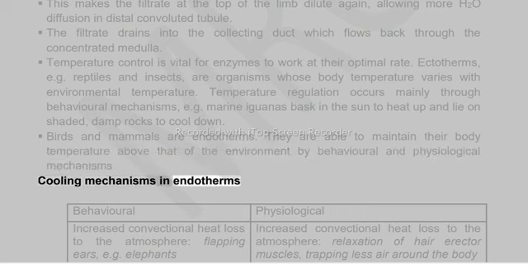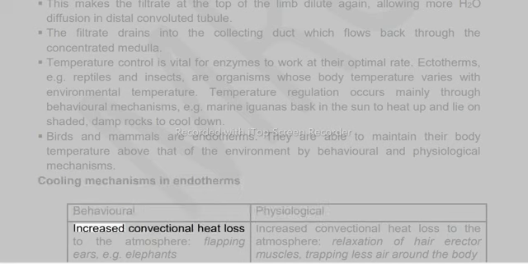Cooling mechanisms in endotherms. Behavioral: increased convectional heat loss to the atmosphere, flapping ears, e.g. elephants. Physiological: increased convectional heat loss to the atmosphere, relaxation of hair erector muscles, trapping less air around the body.